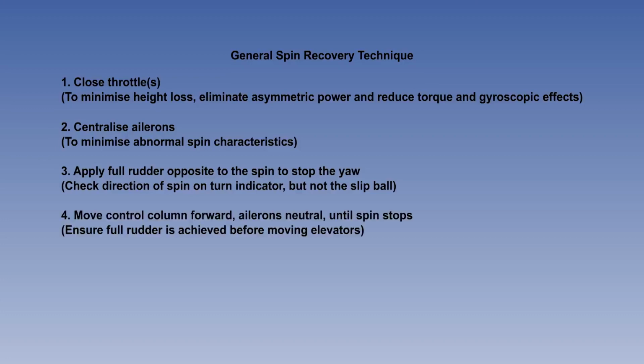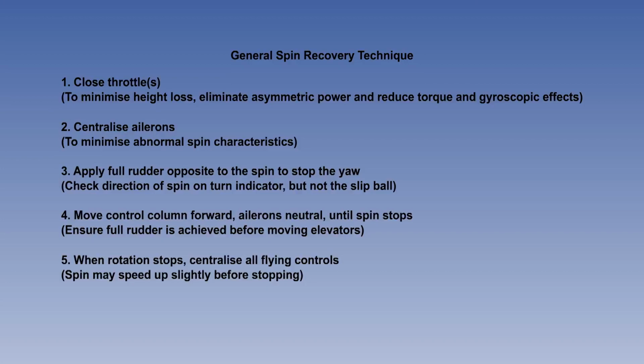Once full rudder has been applied and held, the control column should be steadily moved forward until rotation ceases. The forward movement should not be commenced simultaneously with the rudder, in order to allow the anti-yaw force of the rudder to take effect with minimum blanking from the elevator's downward movement.